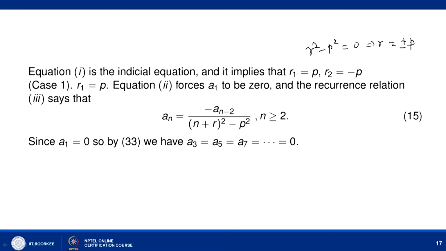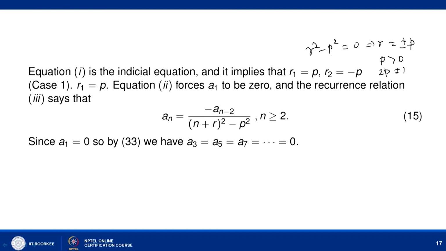We are assuming that p is greater than 0 and 2p is not equal to 1, which means the difference is not an integer. So p is positive and 2p is not equal to 1.